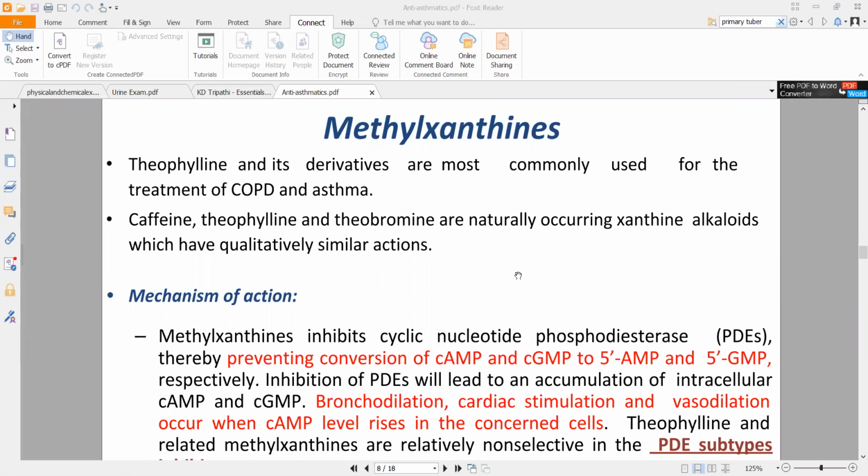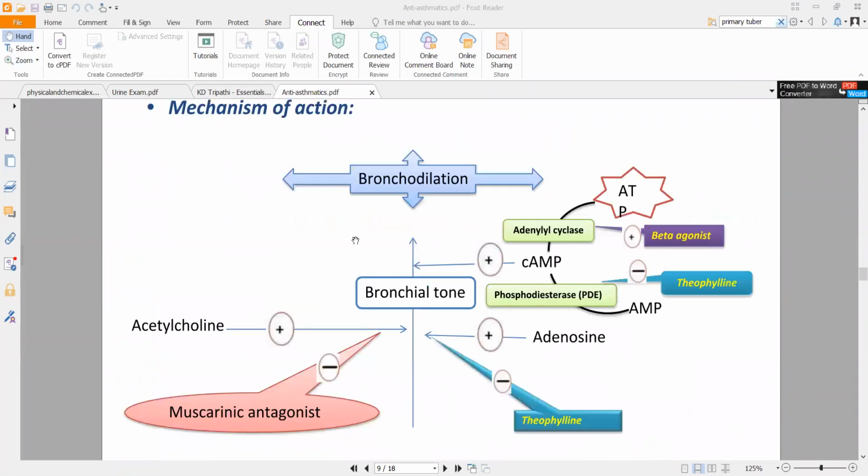What these will do is, if you see this chart, the other day I was telling you, I want the amount of cAMP, if you can see here near my cursor, I want the cAMP level to increase in my smooth muscle. If cAMP level is high, I know that bronchodilation will occur. So how is cAMP formed?